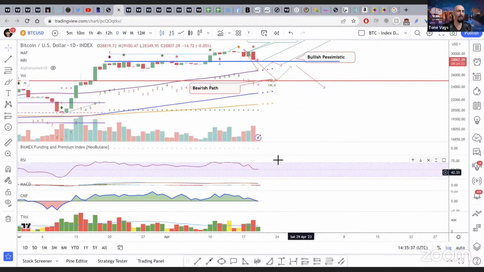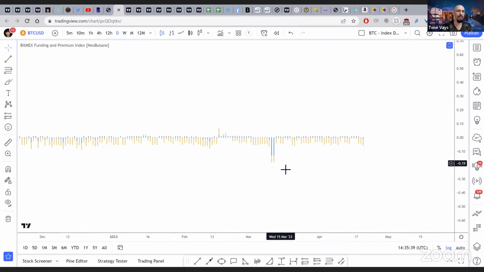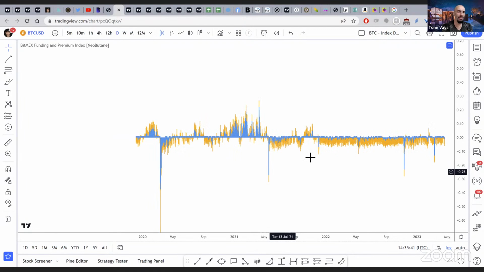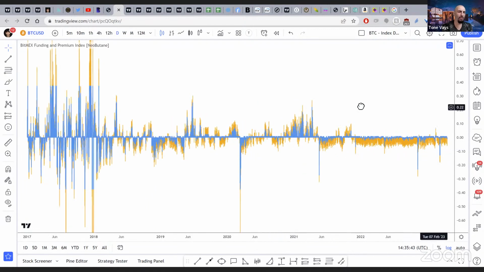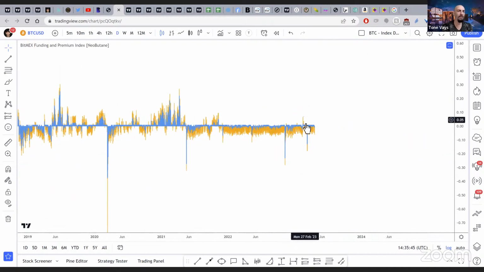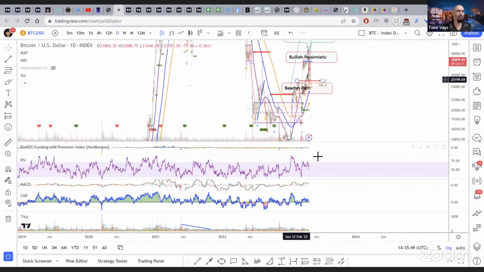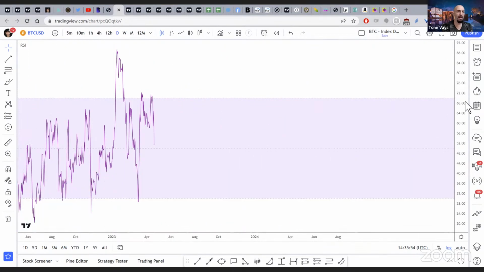If we look at the oscillators, it's really good that the funding rate remains so depressed. People just don't believe in the upside. We had just a couple of days here, and that's it. So this is good. This is actually long-term very bullish. I like the RSI.